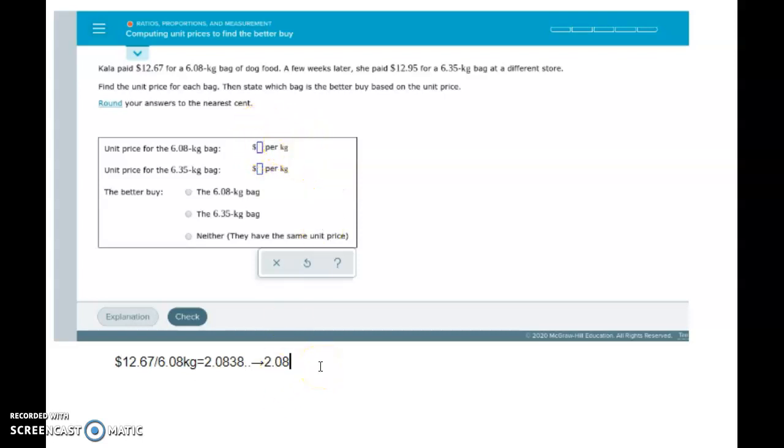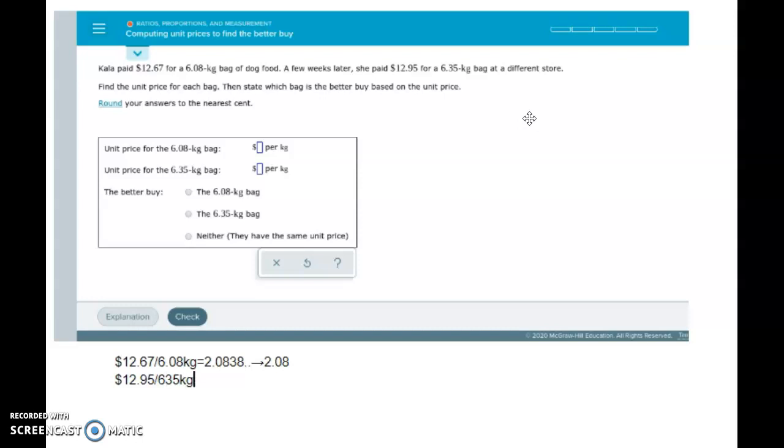So let's check the other one out first before we compare. A few weeks later, she paid $12.95 for 6.35 kilograms of dog food. So we're going to do 12.95 divided by 6.35 kilograms.